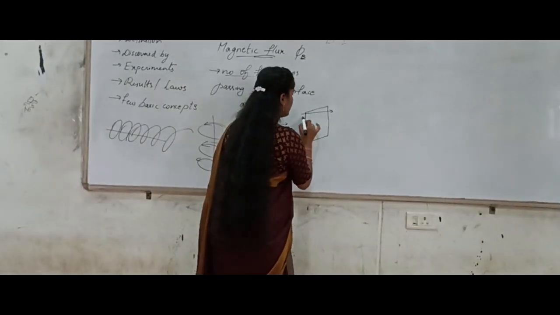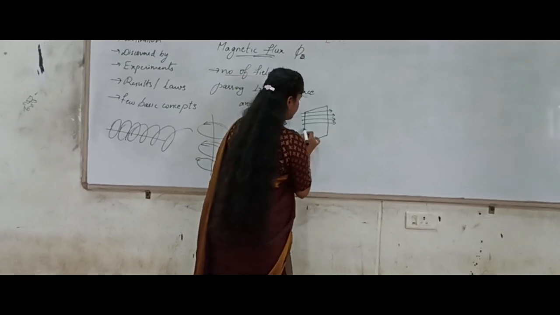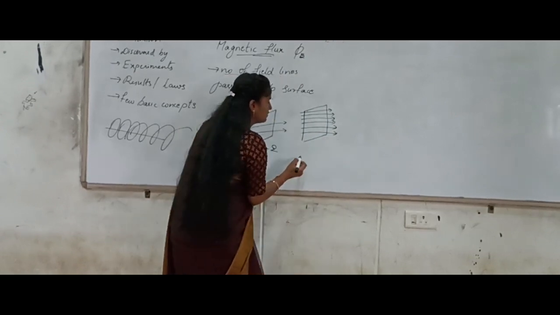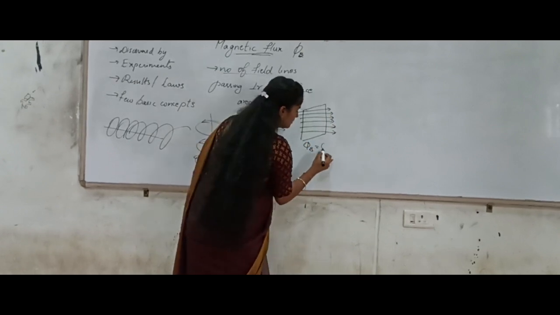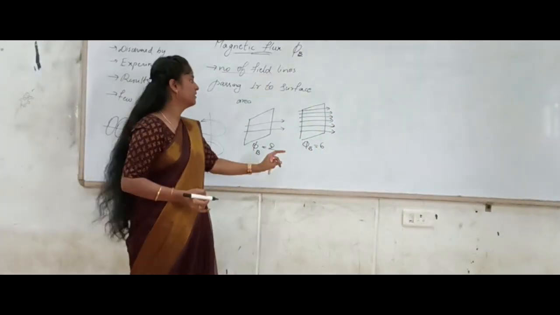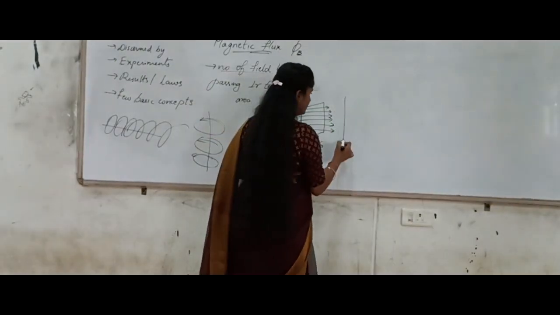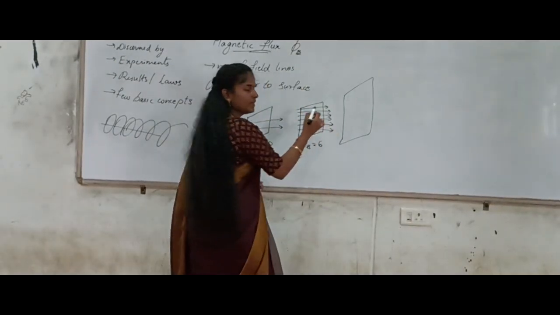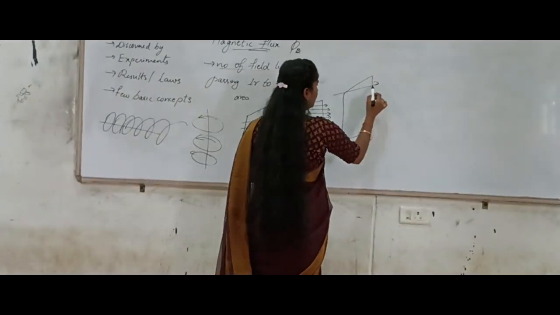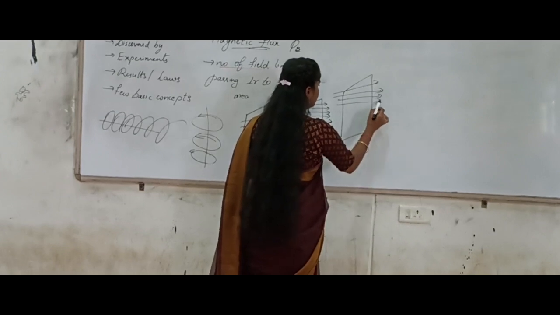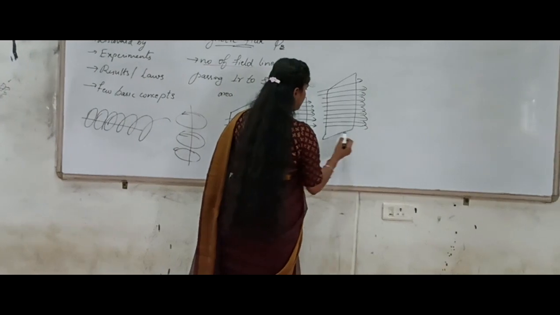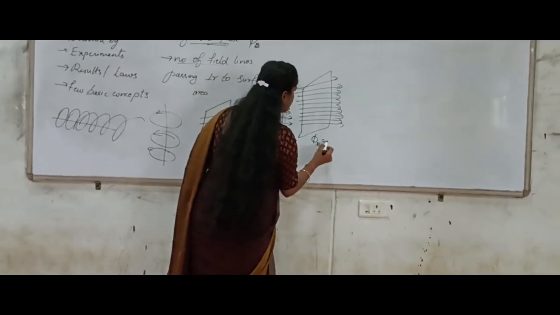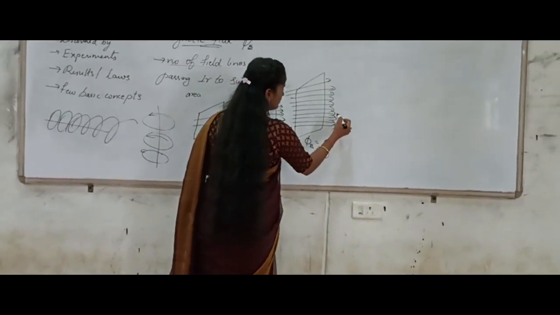The number of field lines will increase. The flux will be 1, 2, 3, 4, 5, 6, so the flux is 6. Let's take a large surface area. Here the number of field lines will increase, so the flux will be 3, 4, 5, 6, 7, 8, 9, 10.